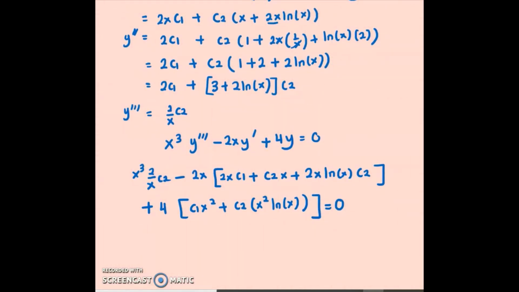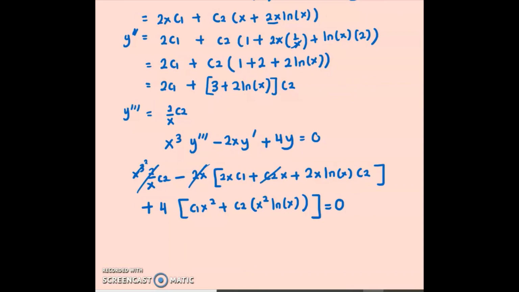So I have 2x squared c2, which cancels with the c2 x squared term. This term cancels out.